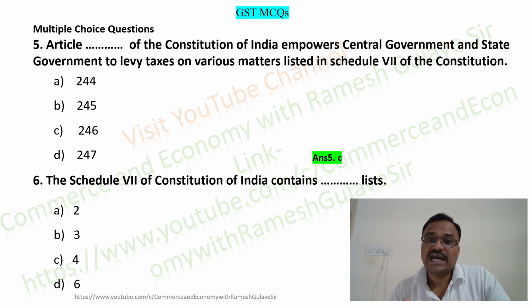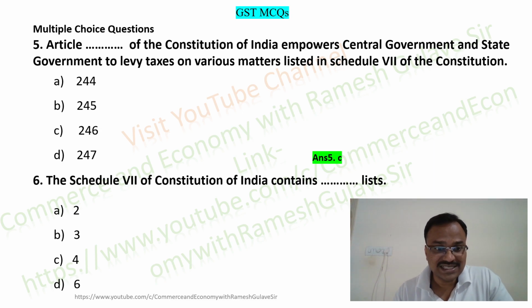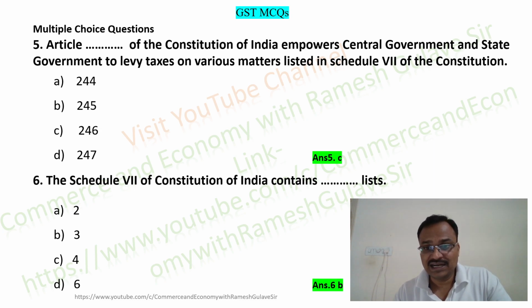So we all know that the central government can make laws related to education, and the state government can also make laws on education. Okay, so the answer for question number 6 is option B. See, the question was the Schedule 7 of Constitution of India contains dash list. So there are three lists. So here option B is the right answer.